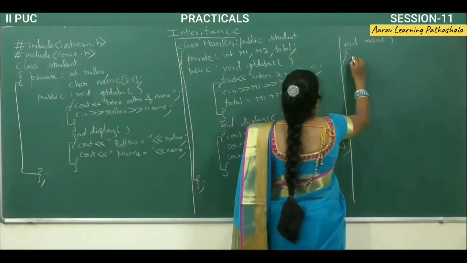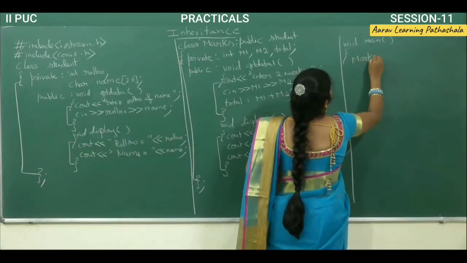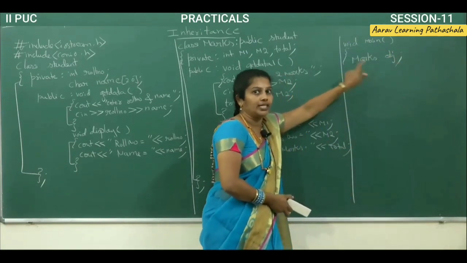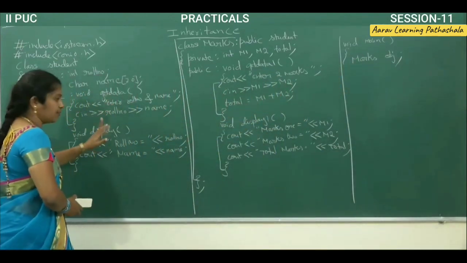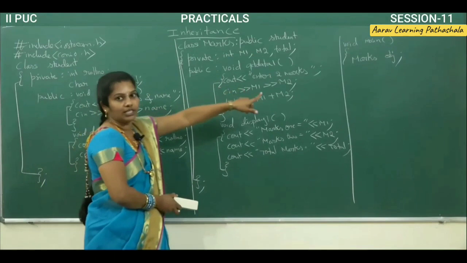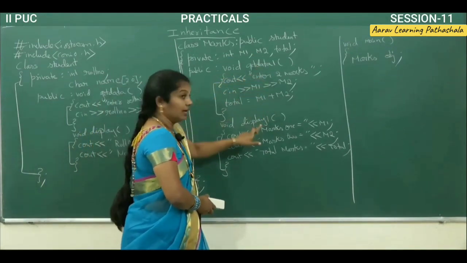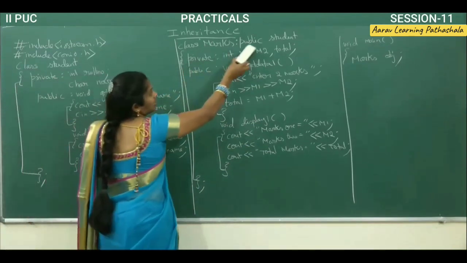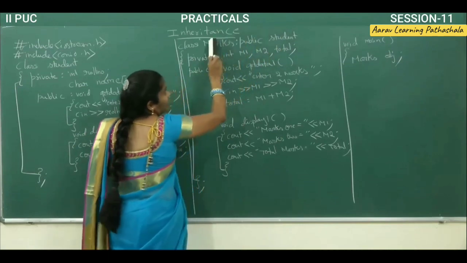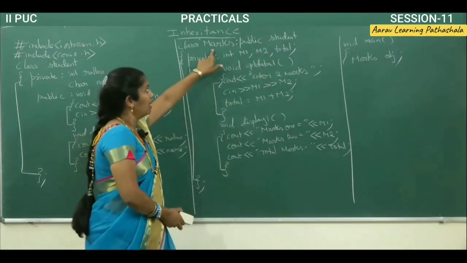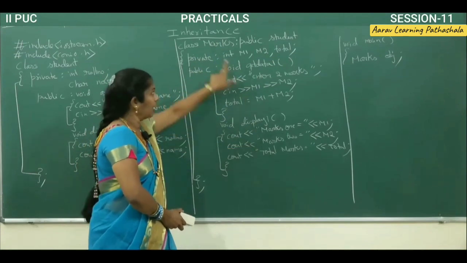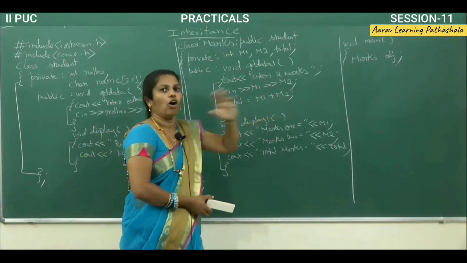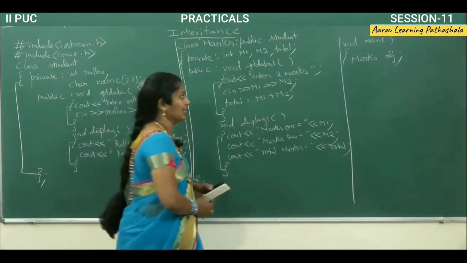Then while creating object, marks, then object. ಇಲ್ಲಿ ಯಾಕೆ ನಾ ಸ್ಟೂಡೆಂಟ್ ಅಂತ ತಗೊಂಡಿಲ್ಲ? ಸ್ಟೂಡೆಂಟ್ ಅಂತ ತಗೊಂಡಿದ್ರೆ ಏನಾಗ್ತಾ ಇತ್ತು, get data and display function only I can use. ಮಾರ್ಕ್ಸ್ ಗೆ ನಾನು ಆಬ್ಜೆಕ್ಟ್ ಕ್ರಿಯೇಟ್ ಮಾಡೋದ್ರಿಂದ I can able to use get data 1, display 1 as well as get data, display, because this marks is derived, it acquires the properties from student class. ಅಂದ್ರೆ ಮಾರ್ಕ್ಸ್ ಅಲ್ಲಿ ಏನಿದೆ, ಅಡಿಷನಲ್ ಪ್ರಾಪರ್ಟೀಸ್ ಇದೆ, ಅದರ ಜೊತೆಗೆ ಬೇಸ್ ಕ್ಲಾಸ್ ಅದು ಕೂಡ ಪ್ರಾಪರ್ಟೀಸ್ ಇದೆ. ಅಂದ್ರೆ ಮಾರ್ಕ್ಸ್ ಗೆ ನೀವು ಆಬ್ಜೆಕ್ಟ್ ಕ್ರಿಯೇಟ್ ಮಾಡಿದ್ರೆ ಆಲ್ ದ ಡೇಟಾ, ಆಲ್ ದ ಫಂಕ್ಷನ್ ಯು ಕ್ಯಾನ್ ಏಬಲ್ ಟು ಆಕ್ಸೆಸ್.